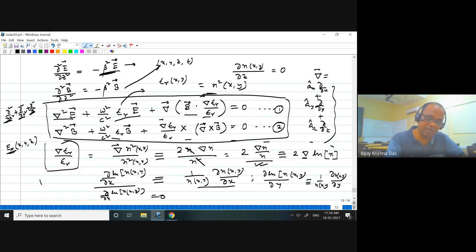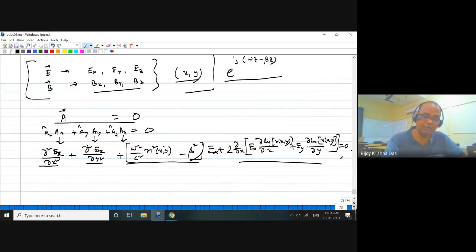So the derivative of that one will have an x component as well as a y component, because you are making a derivative. That's why in the third term both Ex and Ey components will be there for the x component equation. So from the third term, if you are extracting the x component, the electric field y component will also be involved. Any doubt for this equation?